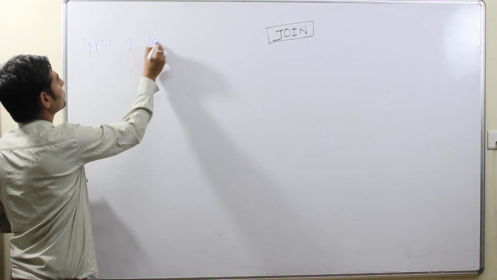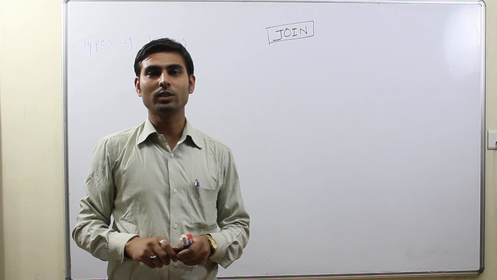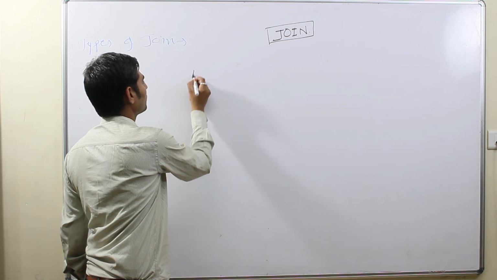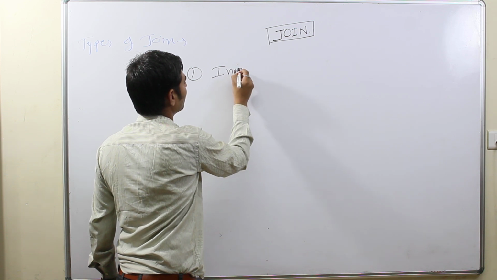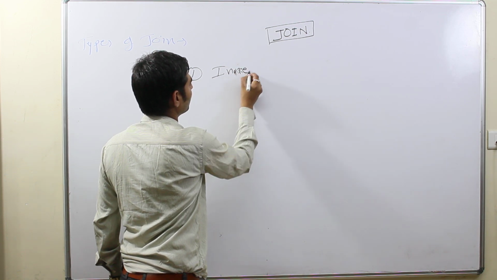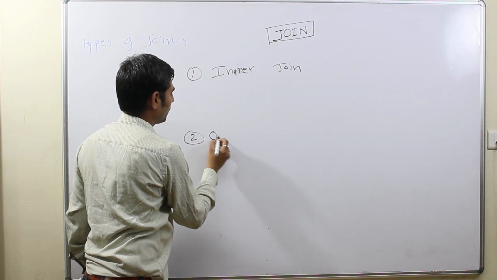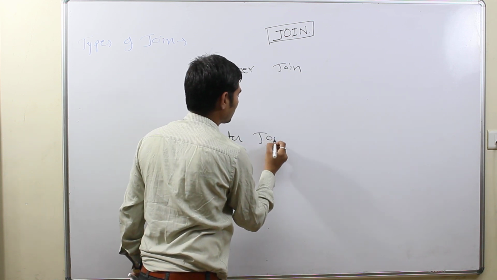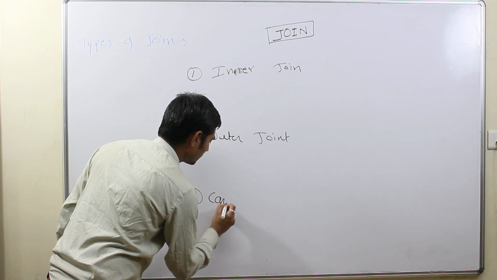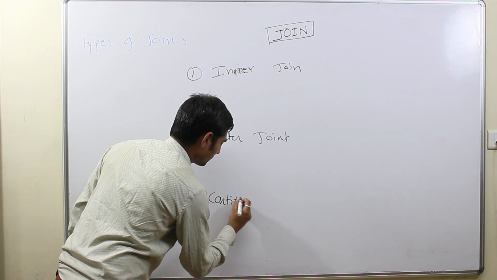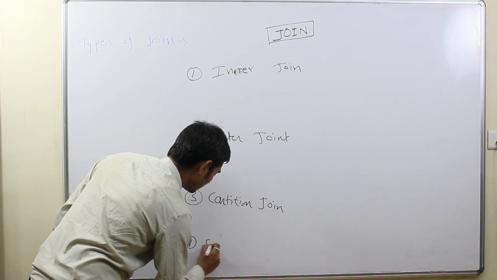The types of joins are generally first inner join, second outer join, third Cartesian join, and fourth is self join.